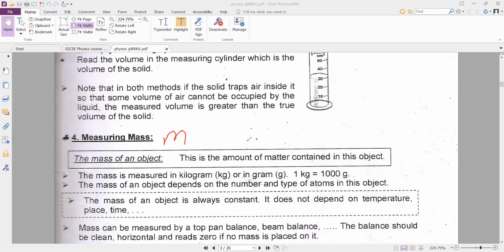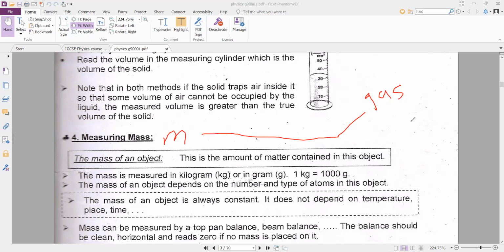Matter is something solid, something what? We have the material around us. What kind of material? Liquid. Yes, this is matter. Liquid, solid, and gas, and also plasma. Very good. Gas, this is gas.